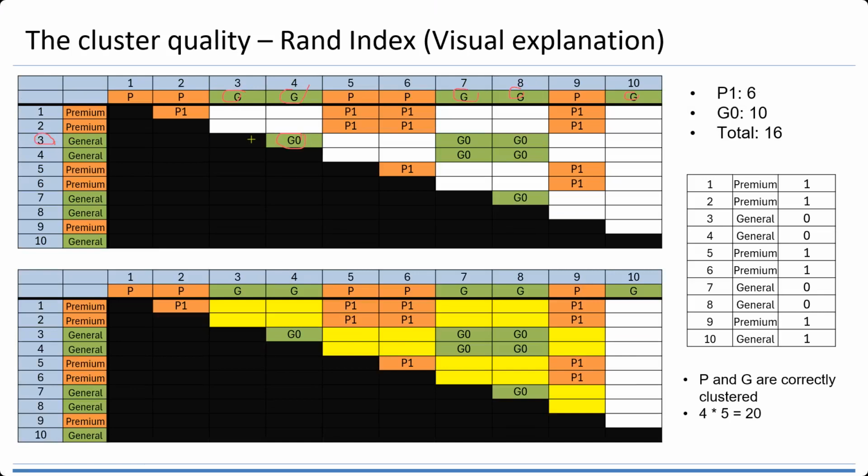So 3 and 4, this is a pair. 3 and 7, okay, they are matching. 3 and 8, they are matching. And then 4 and 7, 4 and 8, they are matching. And we have 7 and 8, they are matching. So in total, we have 6 pairs. 1, 2, 3, 4, 5, 6.